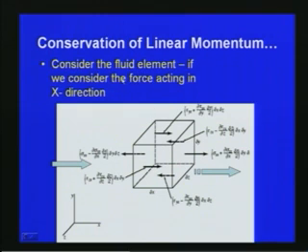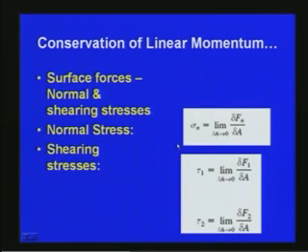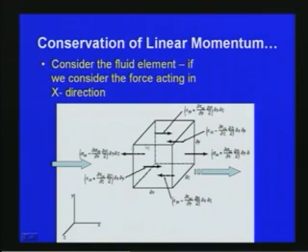For the fluid element, let us now consider the forces acting in the x direction. x is in this direction, y is this direction, and z is the other direction. As we have seen earlier, there are two types of forces: the surface forces and the body forces. The surface forces can be the normal stress or the shear stress.